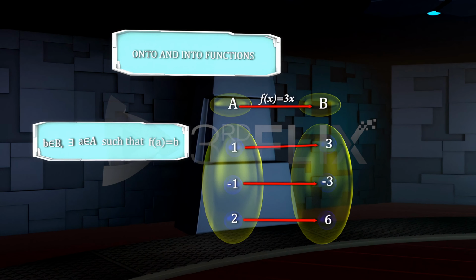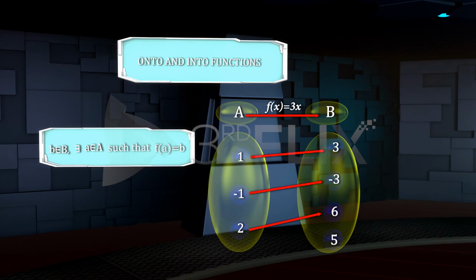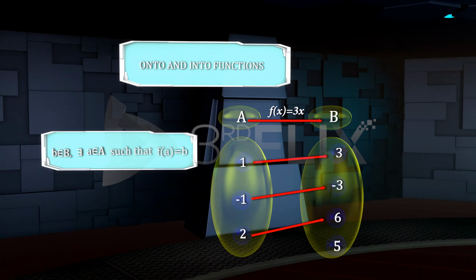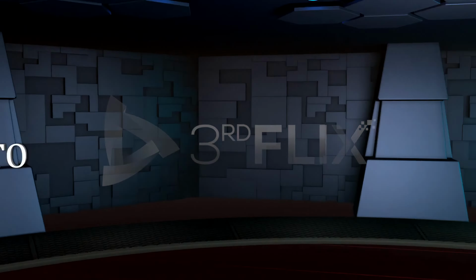If there exists at least one element in the codomain B which is not an image of any element in the domain A, then f is into.